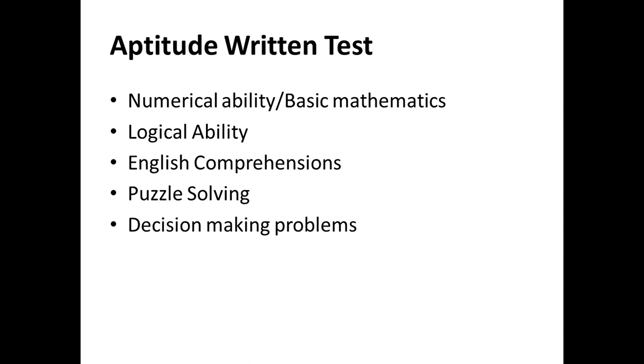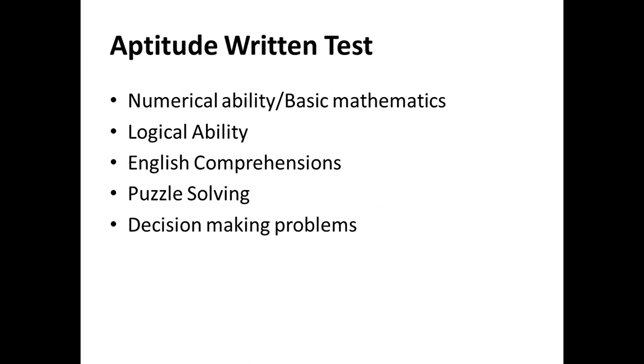And puzzle solving. Some puzzles will be given, with one or two clues to solve a problem. That is basically a thinking ability related problem, and some decision making problems also will be given for the aptitude test.